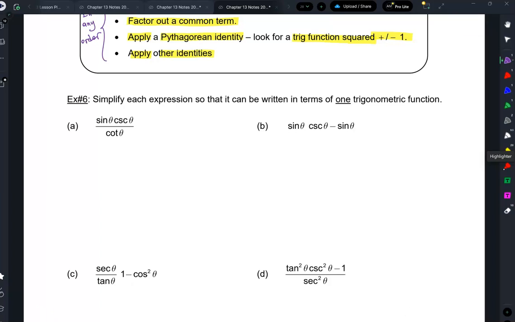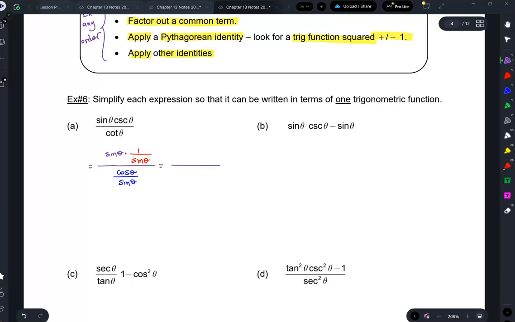So sine of theta, cosecant, and so on. Sine of theta, not much can be done with that. Times cosecant of theta is 1 over sine of theta. Cotangent of theta is cosine theta over sine theta. Remember to always put the thetas. Next, let's simplify where we can.